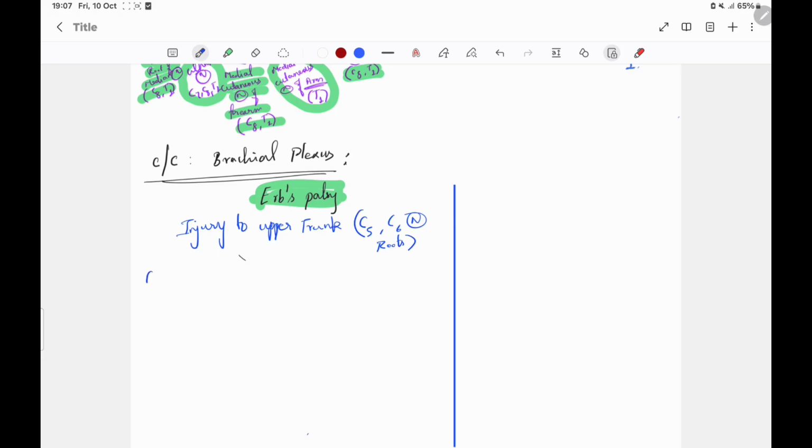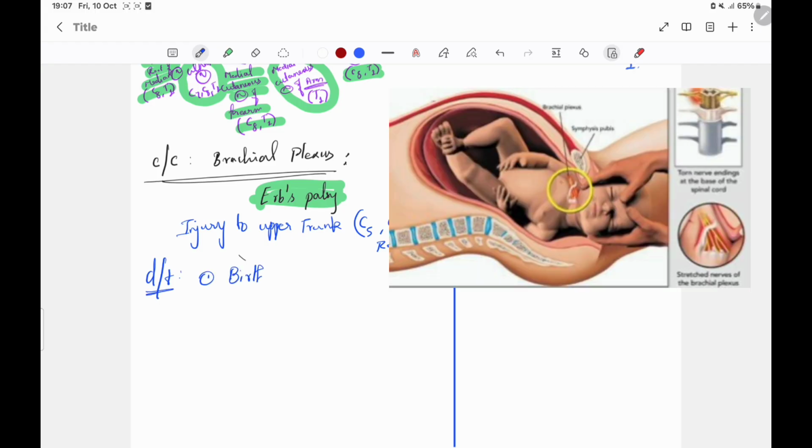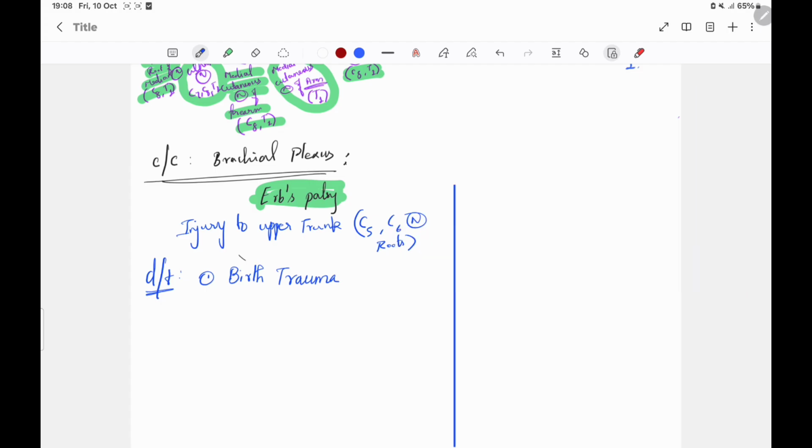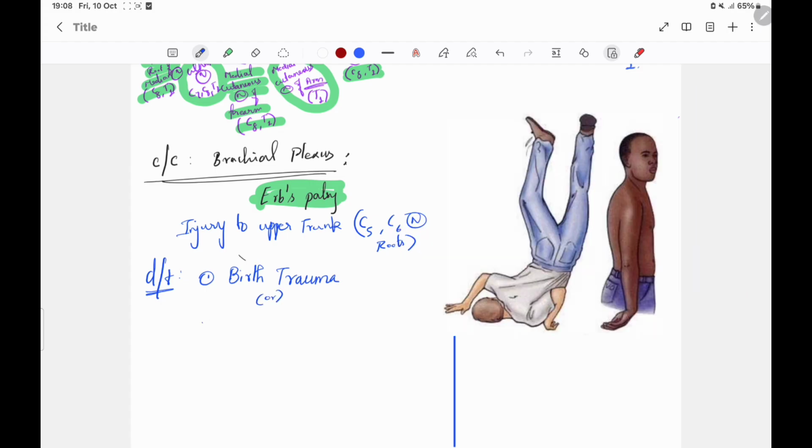This is due to birth trauma or a fall on the shoulder.